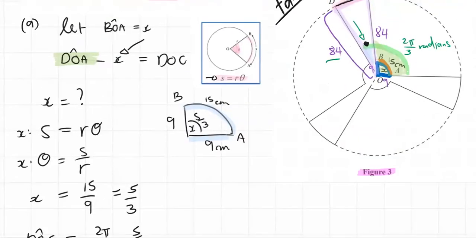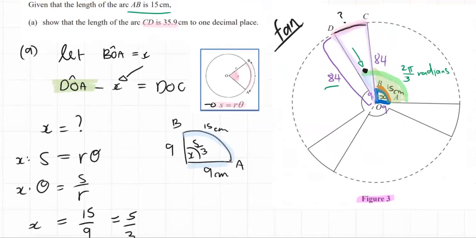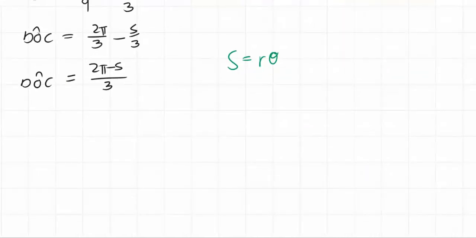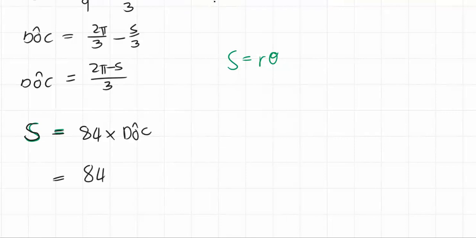And our theta was what we just got, DOC. So S is equal to 84, the radius, times DOC, which is 84 times 2 pi minus 5 over 3.